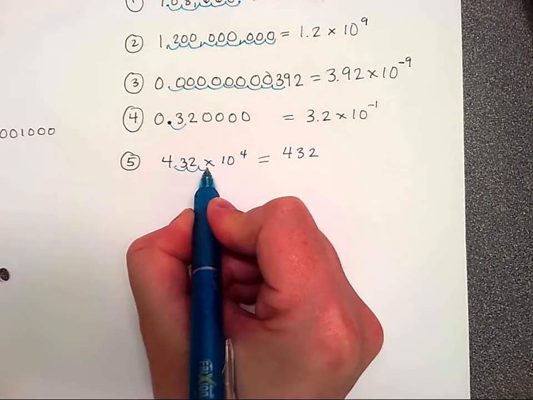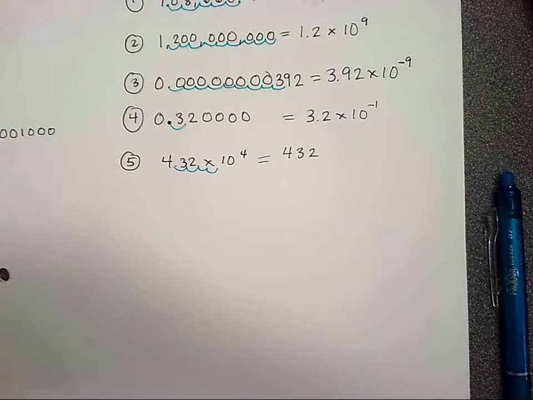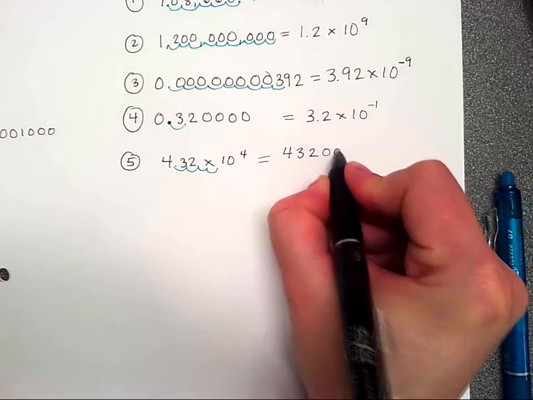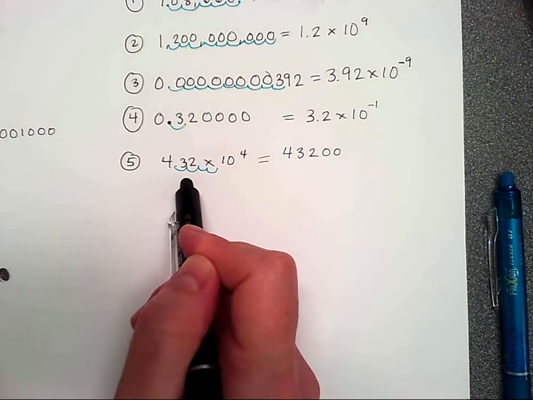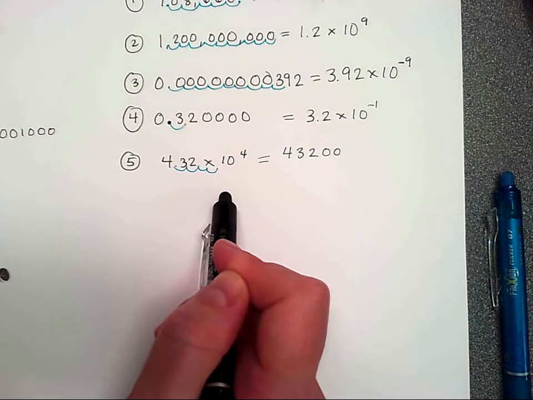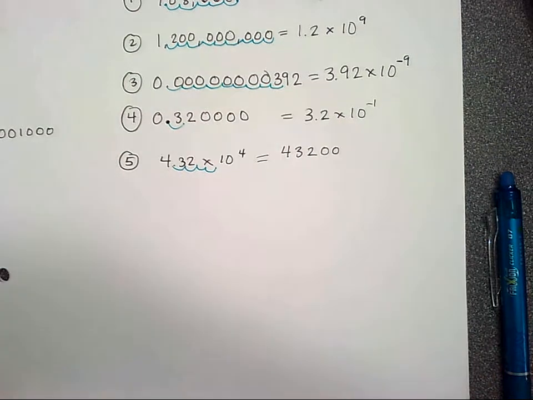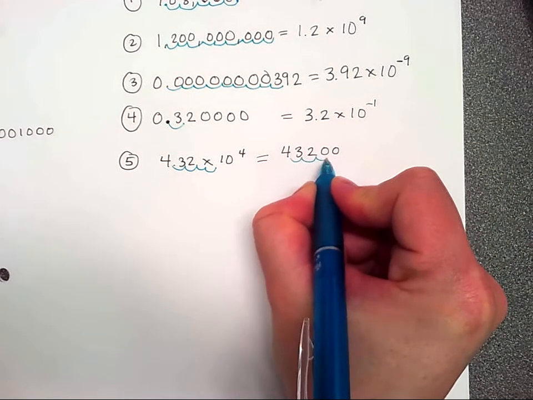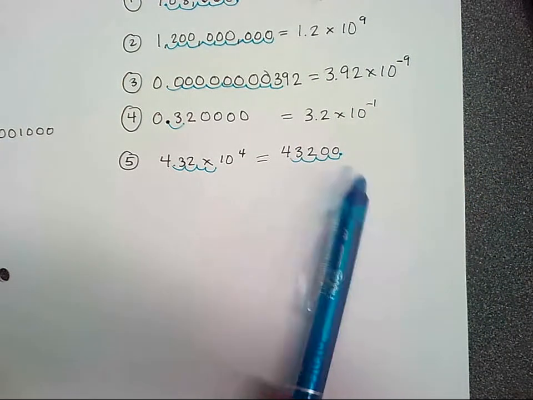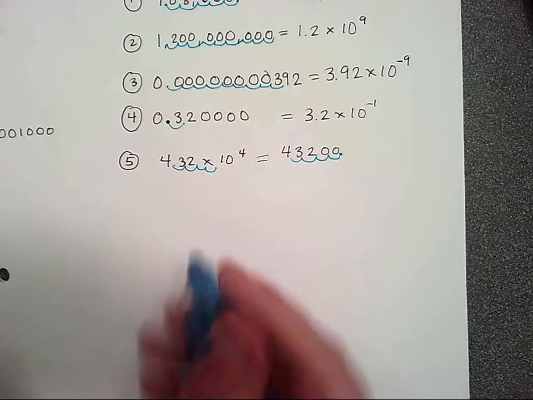So I have 1, 2, 3, 4. So how many zeros do I need? 2. It's moving the decimal place over. It's not telling you how many zeros to add, right? You just need to fill in however many zeros you need.